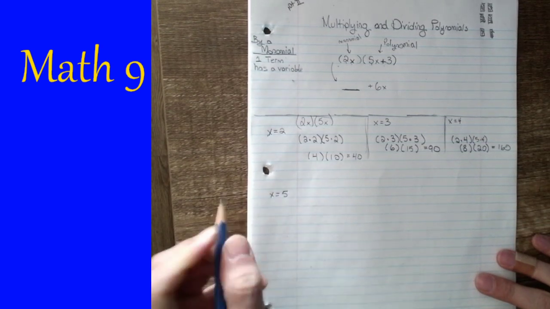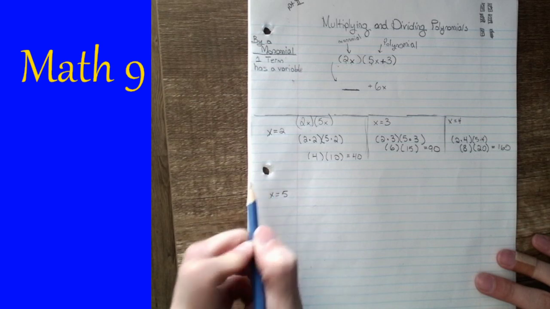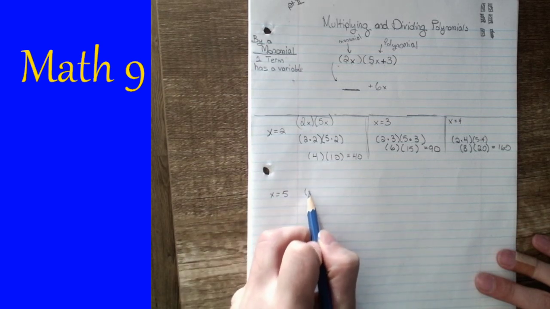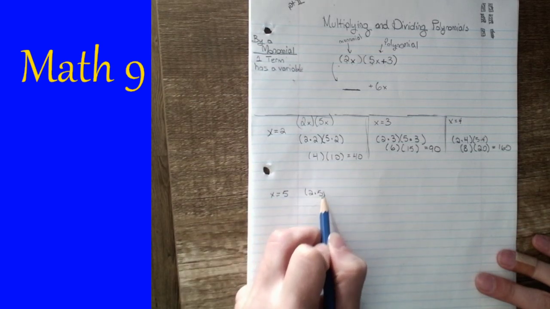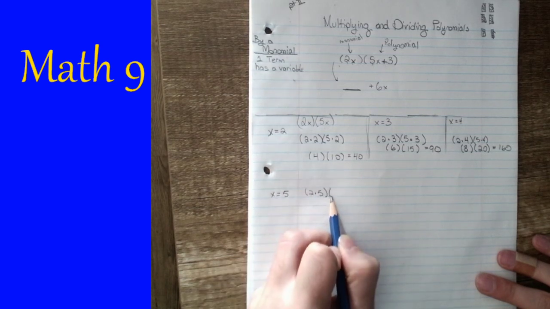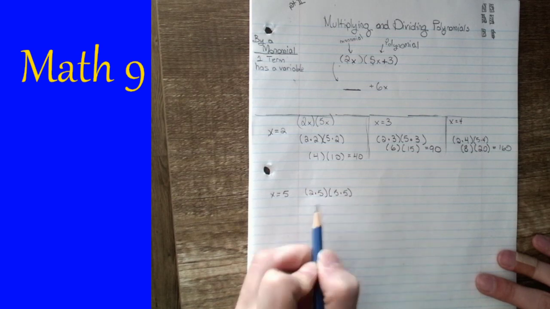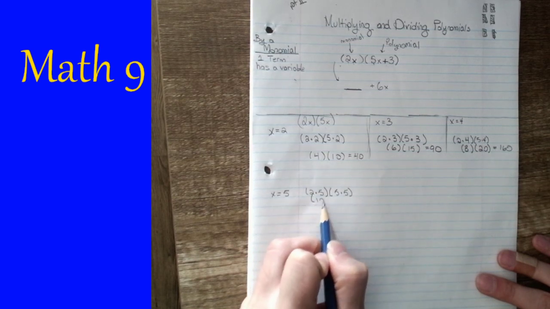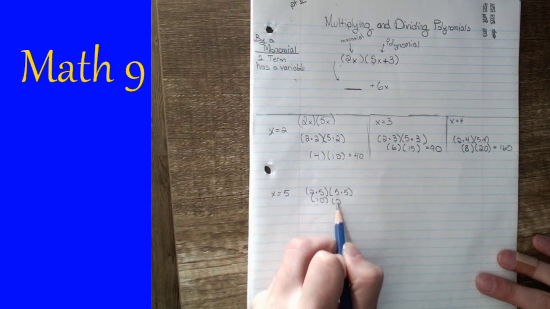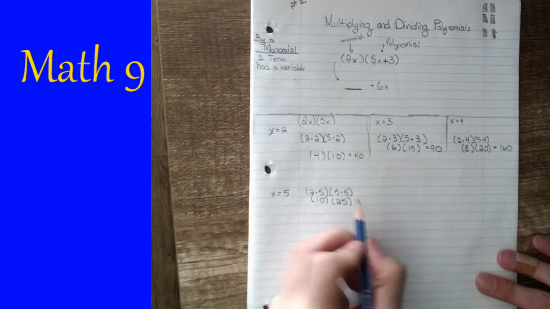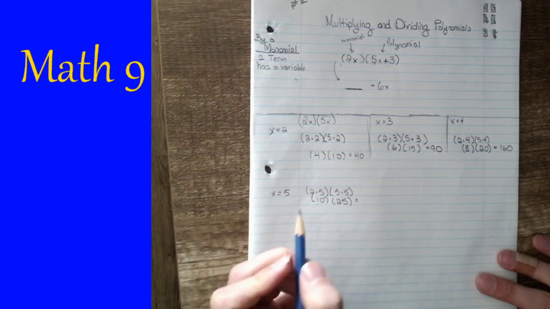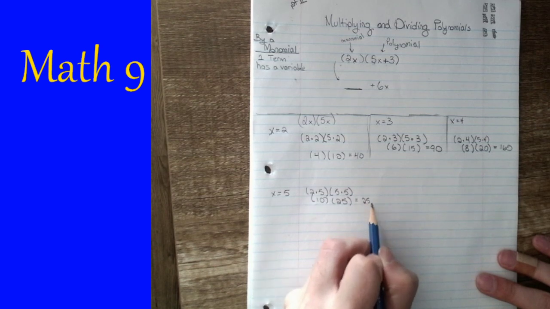We're going to do x is equal to 5 next. So we have 2 times 5 multiplied by 5 times 5. So that is 10 times 25, and that is equal to 250.